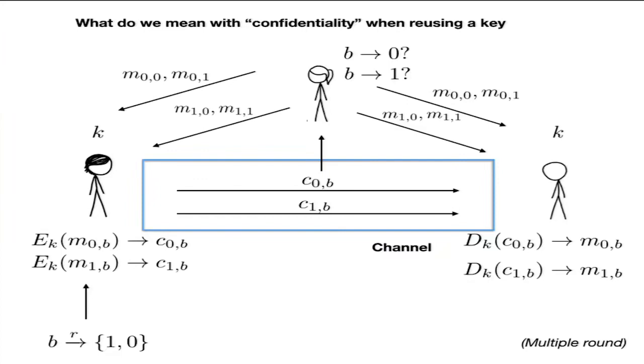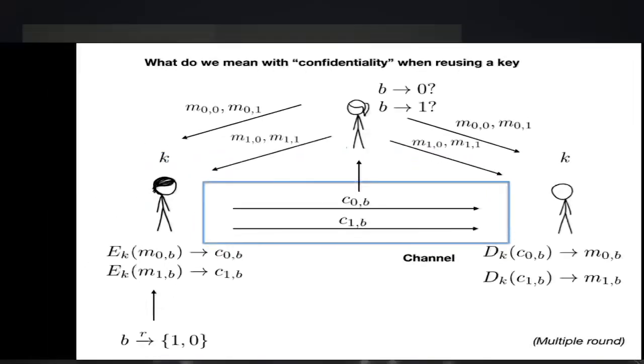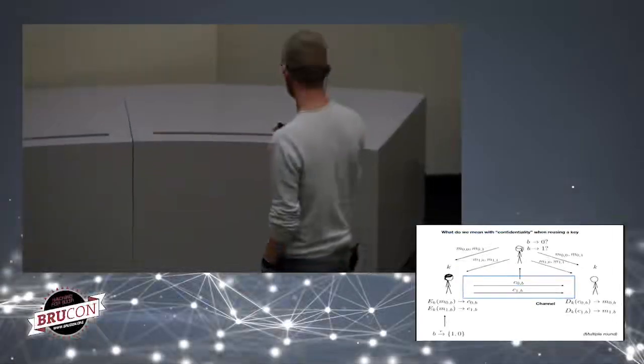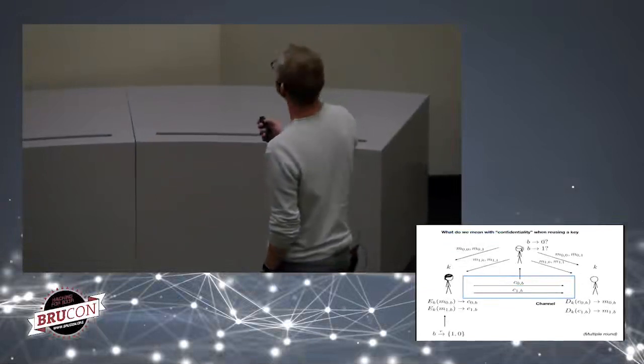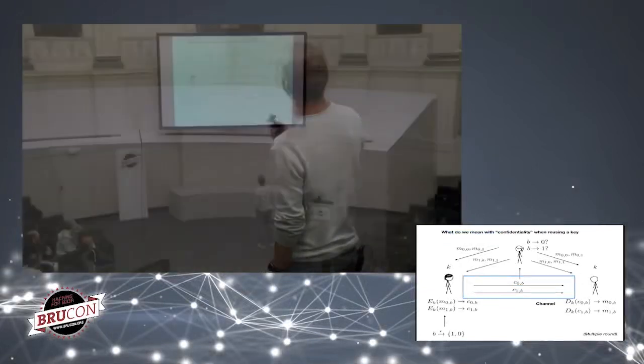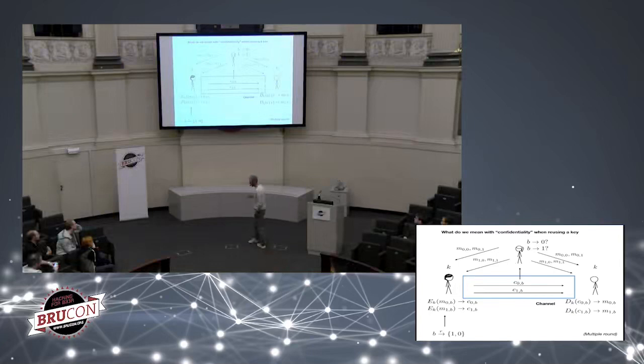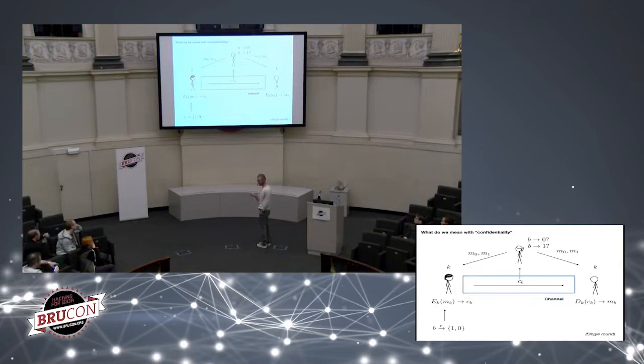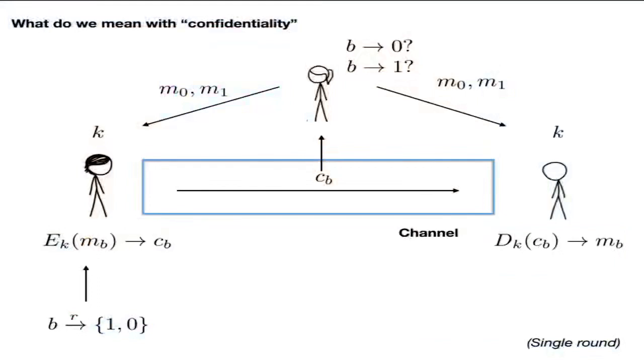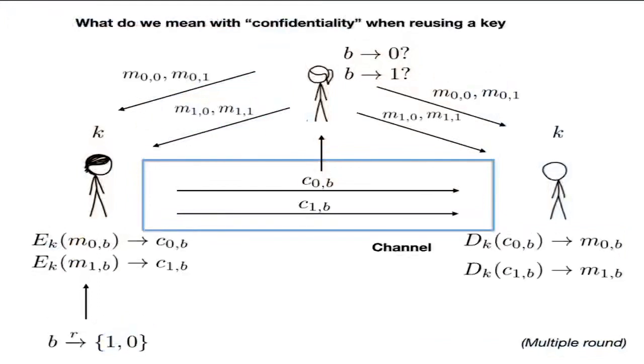And she again will send the ciphertext over to Bob, which Bob can obviously decrypt because he has the shared key K. Now the task of Eve is again to guess this bit B. So imagine now the following, where in the previous slide we had only one pair of messages, we now have two pairs of messages.